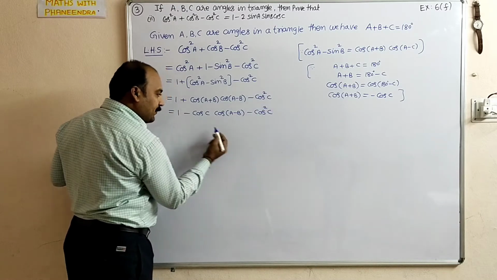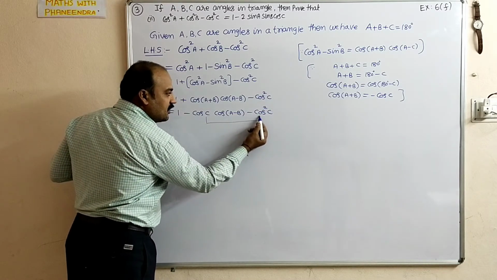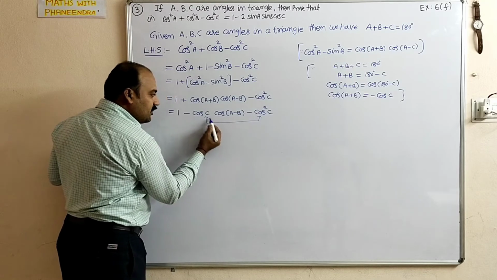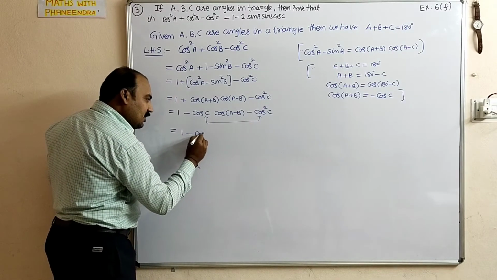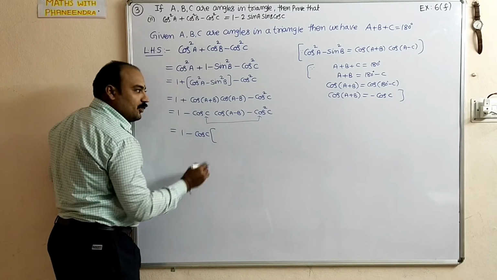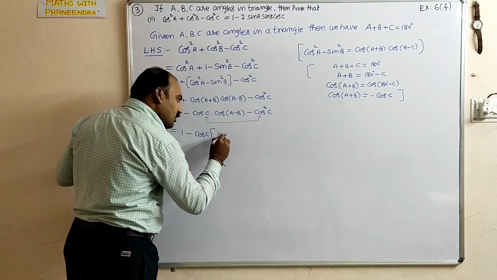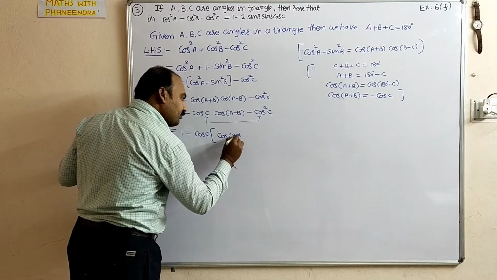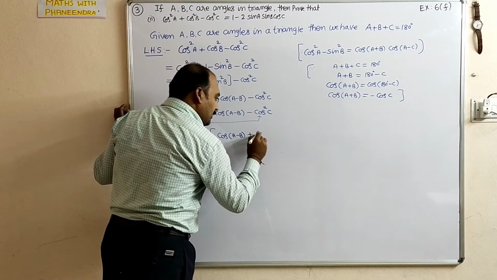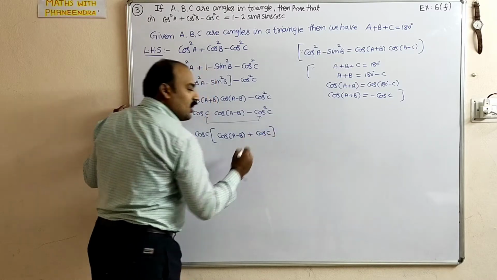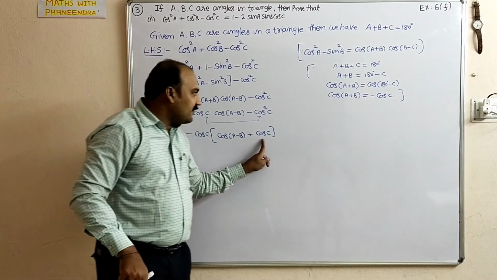In the next step, take minus cos C common from these two terms, which gives 1 minus cos C, cos of A minus B plus cos C. Again, what do we have to do? The cos C value can be obtained from here again.